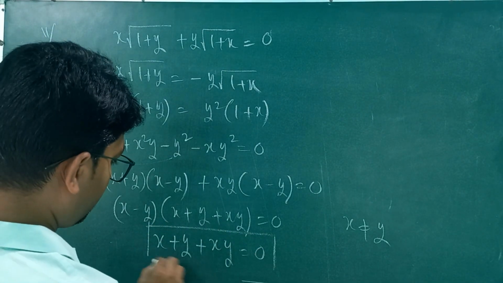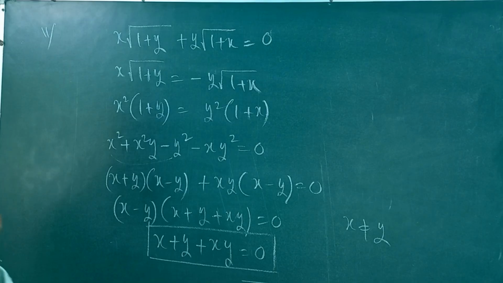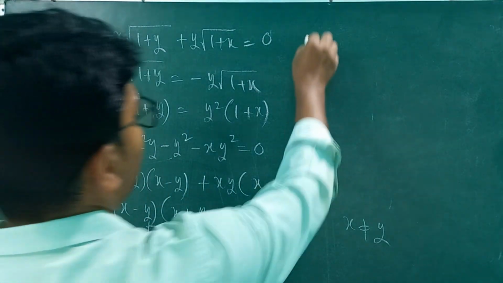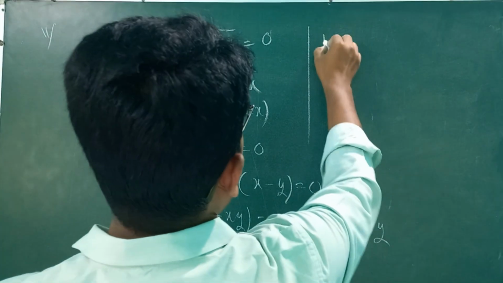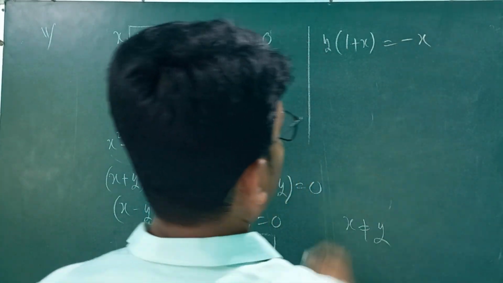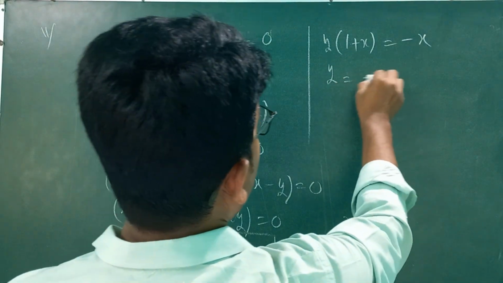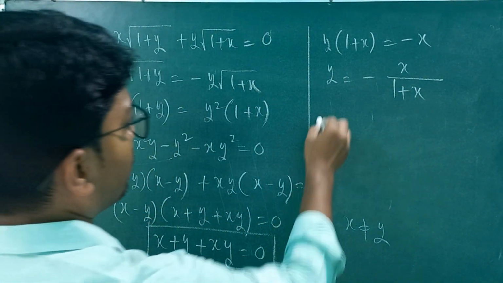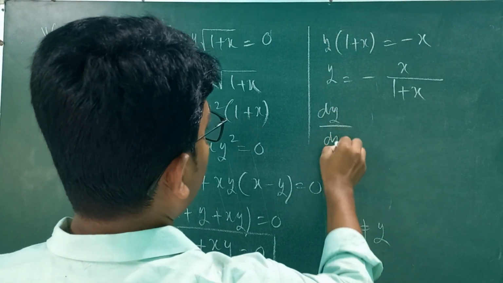That is our simple structure. Now we have to calculate dy dx. Now y into 1 by x, this one is minus x. Now what is y? Minus x by 1 plus x. Now you take its derivative, that is dy by dx.